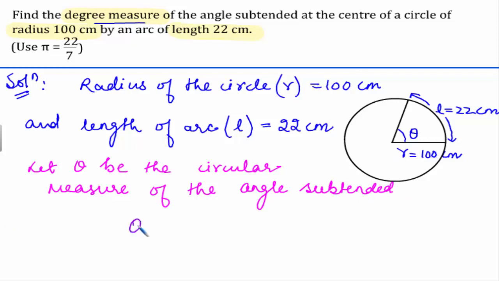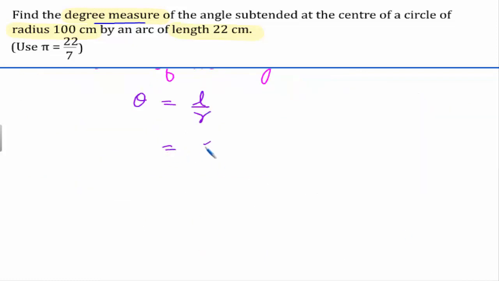Now we know that theta is equal to L divided by R. So this is equal to 22 divided by 100 radian, or on simplifying this is equal to 11 divided by 50 radian.